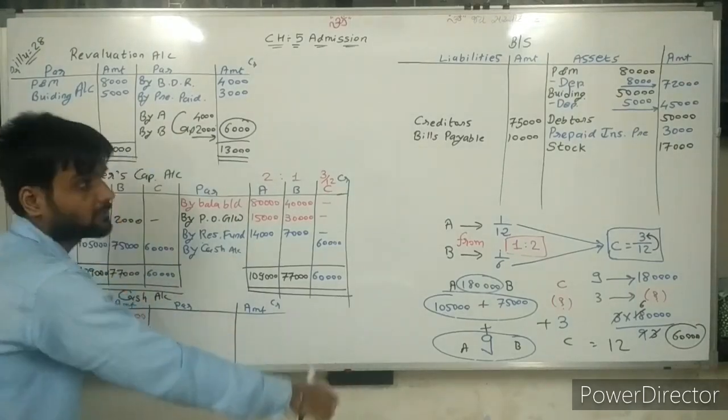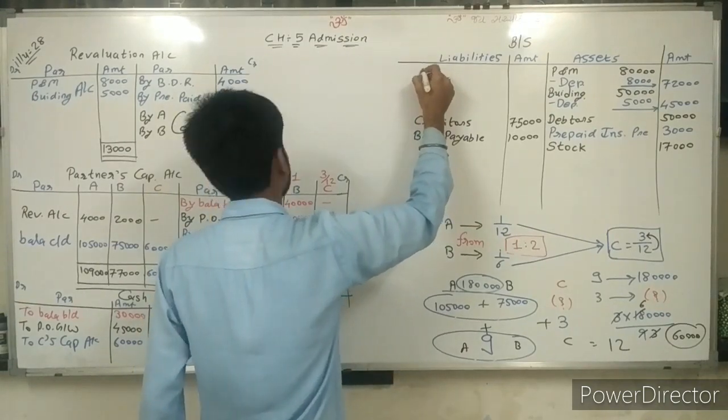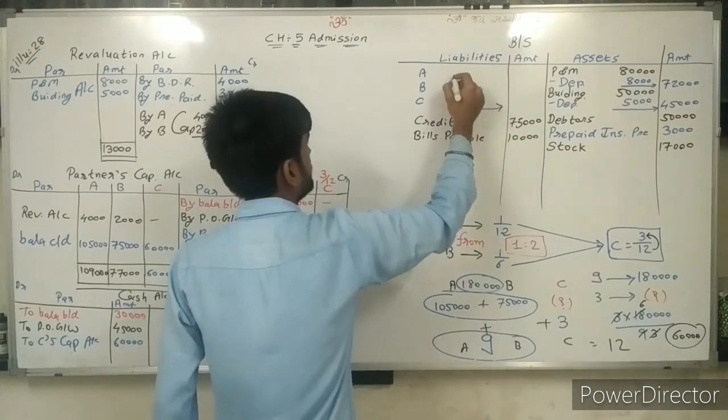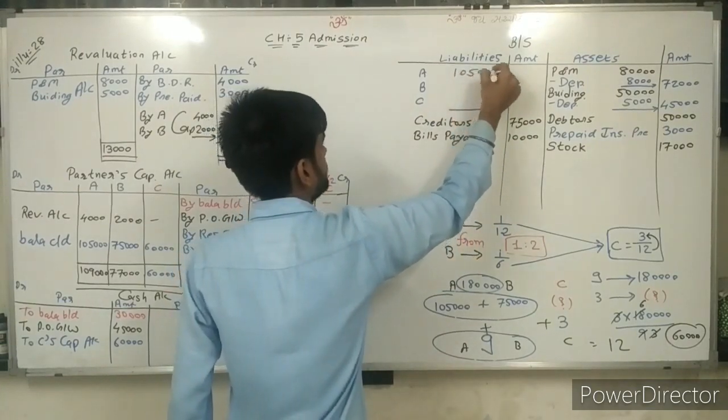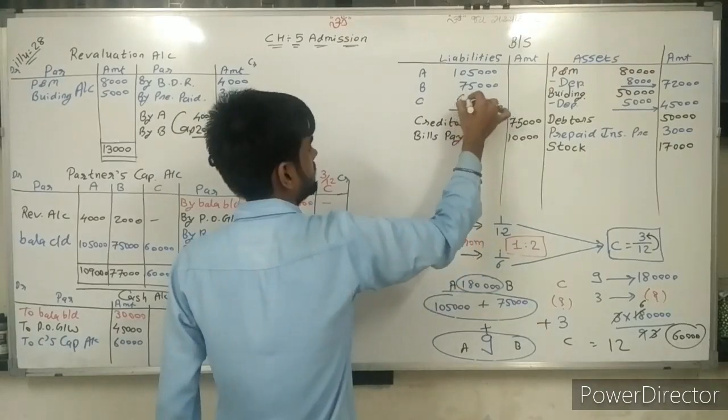Now balance carried down for all: 105, 75, 60. That is transferred, credited, but the credit side is here. So we have to write A, B, C, total of 3: 105,000, 75,000, 60,000.